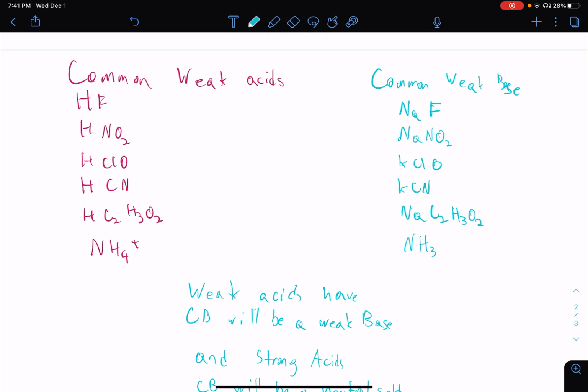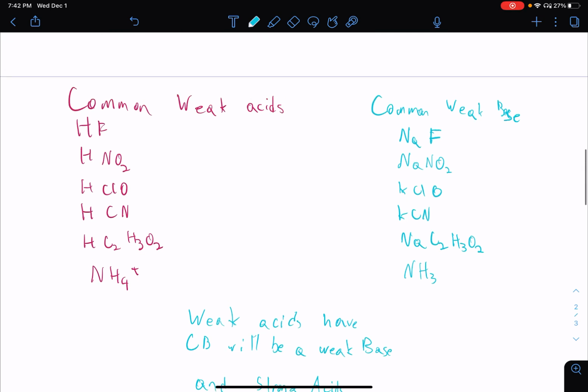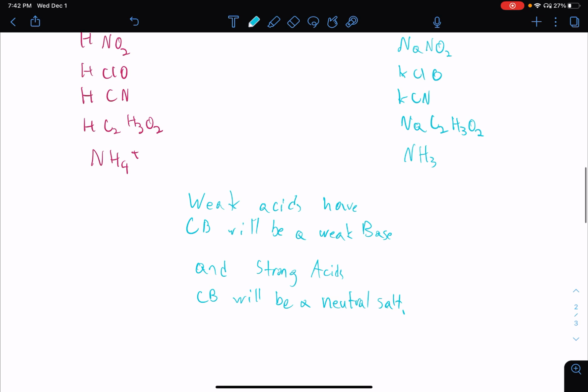And it continues. These are common weak bases that do not show OH groups. This is good because that means there are weak bases that react differently and have their own system. And they're mostly all salts.